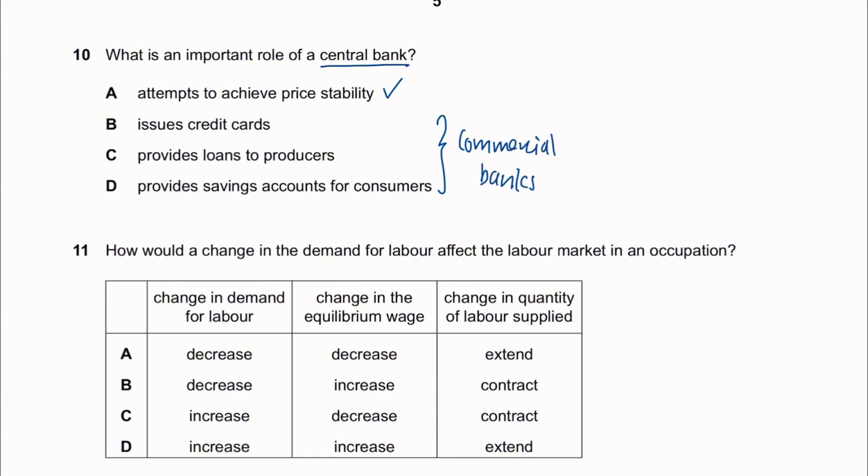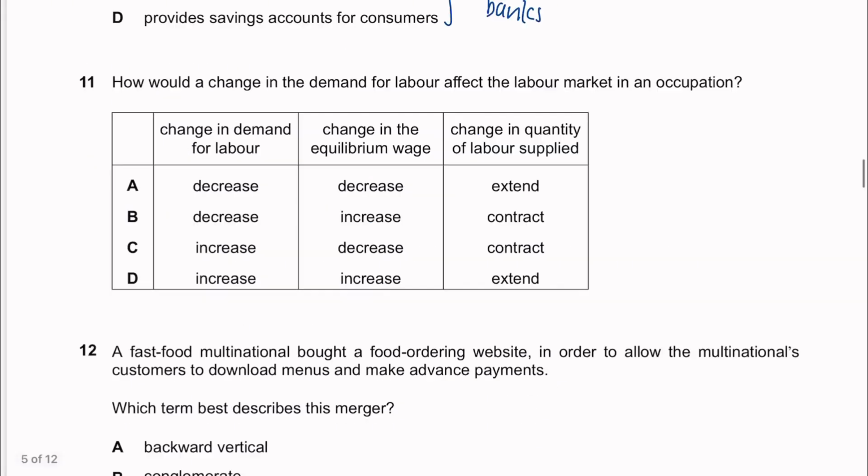So the central bank is more about regulating the interest rates, trying to control price stability, inflation, and also controlling the foreign exchange rates and money supply. And then commercial banks are banks that provide services to the general public. So these three are all commercial banks' roles.